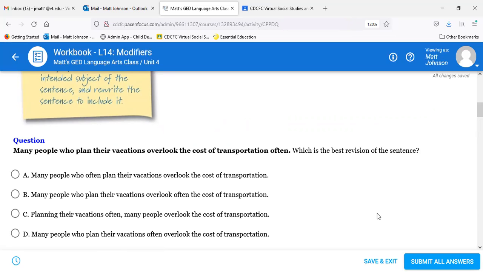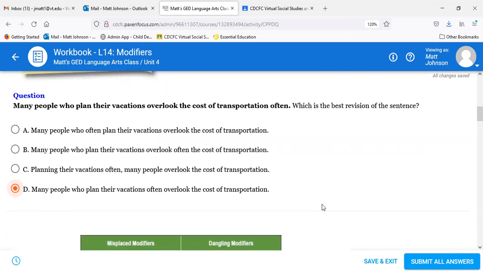A makes it sound like many people who often plan their vacation, so they're only doing that some of the time. D, many people who plan their vacations often overlook the cost of transportation. So there we want to make sure that we're modifying "overlook." So people planning their vacations overlook the cost of transportation. D as in dog. I know these are tricky.